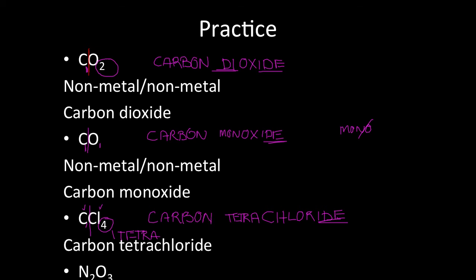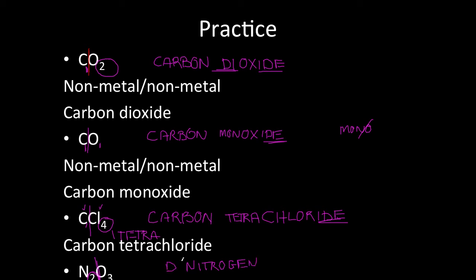We have our last substance right here, which is N2O3. I'm going to divide it in two. Now this time I have a subscript greater than 1 with my first element. So N is nitrogen, and then if I look up the prefixes, I find out that 2 is going to be the prefix di.